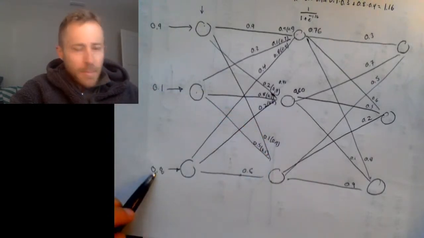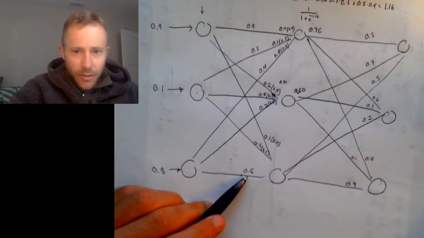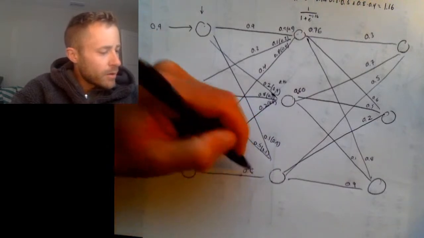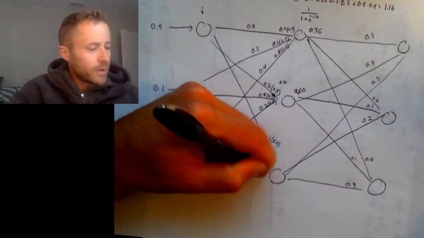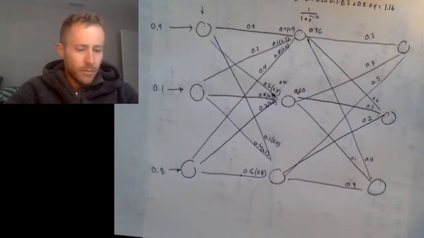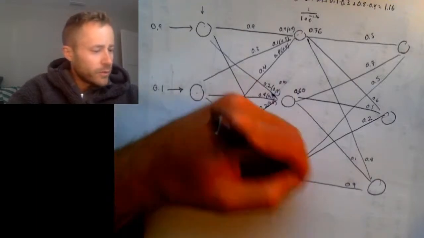The 0.8 gets multiplied by this synaptic weight, which is 0.6. Okay, so going through that again, we get 0.65.